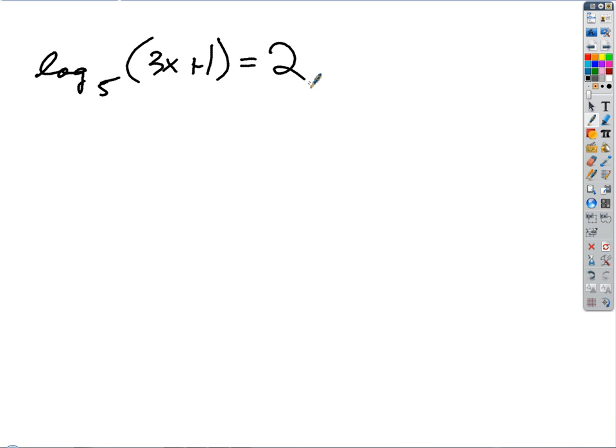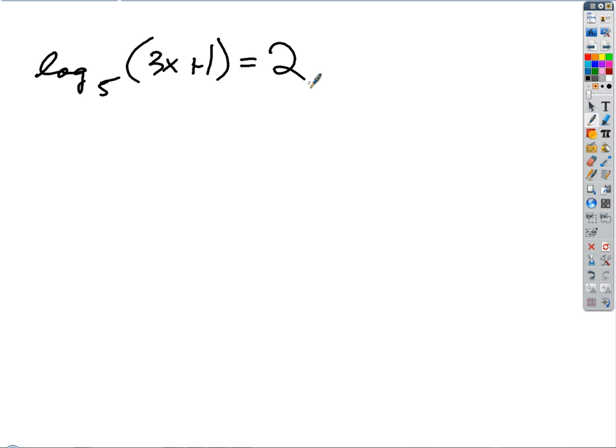And this is one you already know too. This is just based on properties you've already studied. What if we had base 5 log of 3x plus 1 equals 2? Okay. We can do this one right now.